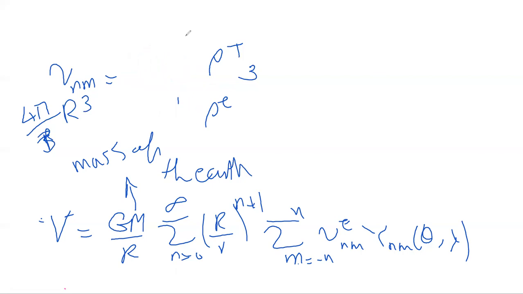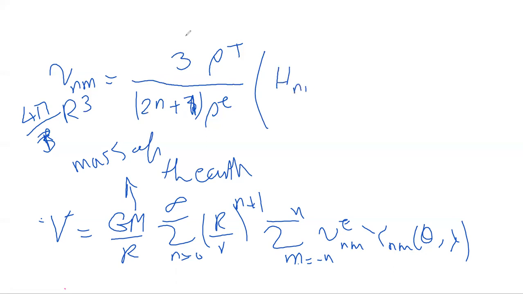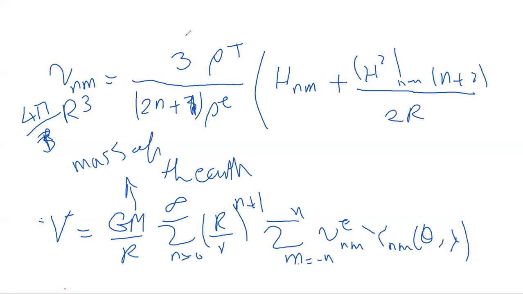This will go away, then I will write 3 over 2n plus 1, multiplied by h_nm plus (n plus 2)/2r h2_nm.